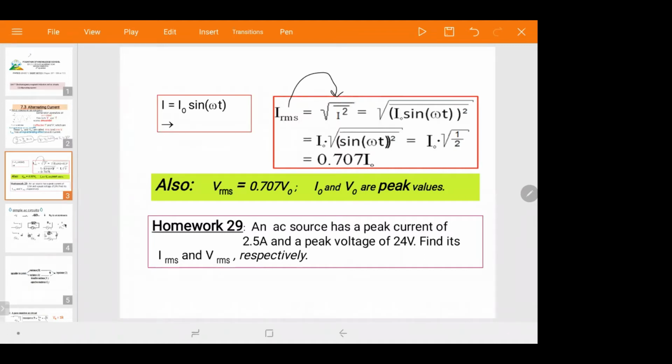And then S stands for square. So the name is giving you the mathematical process, but in physics, we simply call it effective. Later on, we'll use only the mathematical name, RMS. But don't forget, effective current and RMS current mean the same thing. First one, effective, is a physics name, and the RMS is the mathematical name.